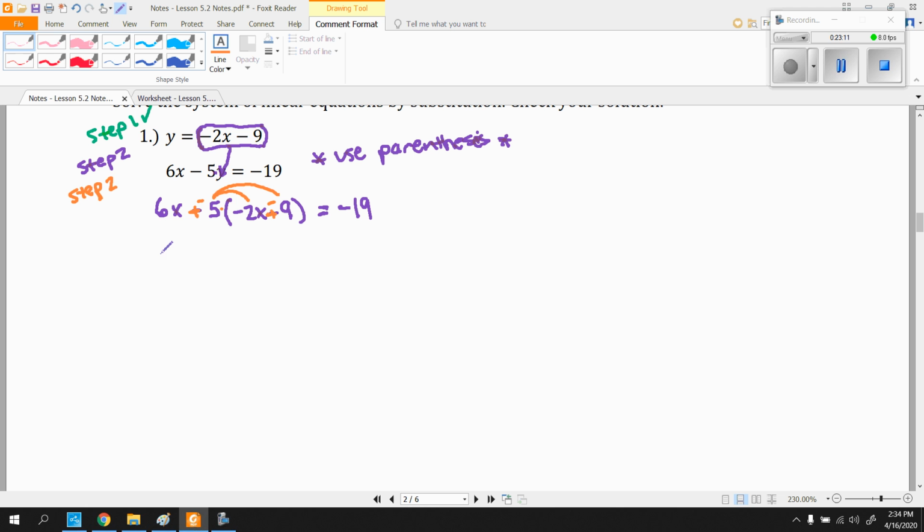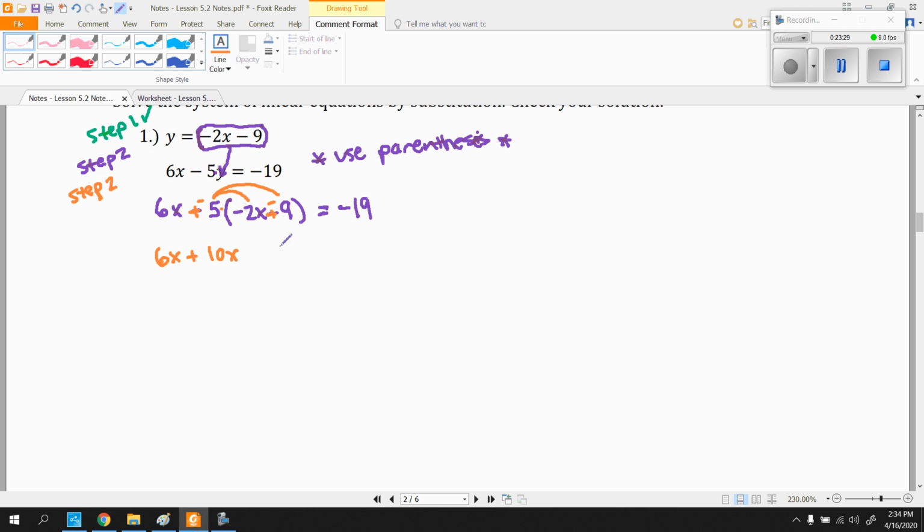So let's see, I've got the 6x. We didn't do anything with it, so I'm just going to keep this as a plus. Now here we go. Negative 5 times negative 2x, which is positive 10x. Okay, we follow there. I did the negative 5 times negative 2 on the distribute.